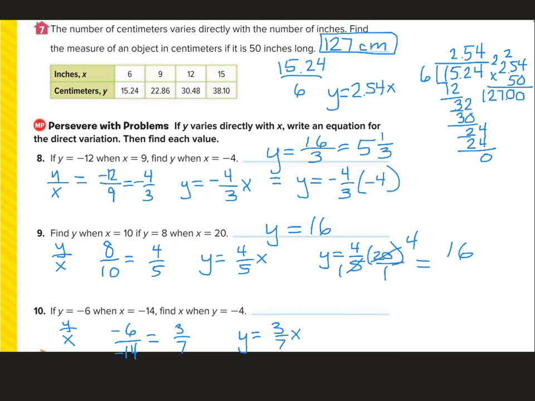Then if I substitute in negative 4 for y, it would be negative 4 equals 3/7 x. Then I would multiply by the multiplicative inverse of 3/7 on both sides. Negative 4 times 7 is negative 28 over 3. So 3 goes into negative 28 9 times with 1 left over, so it's negative 9 1/3.